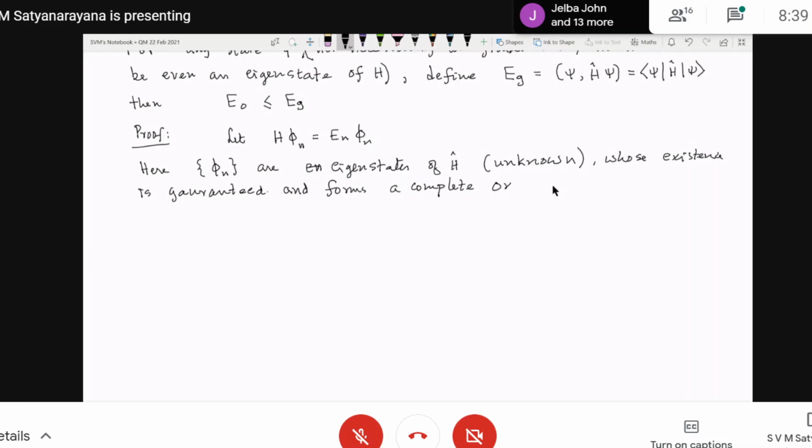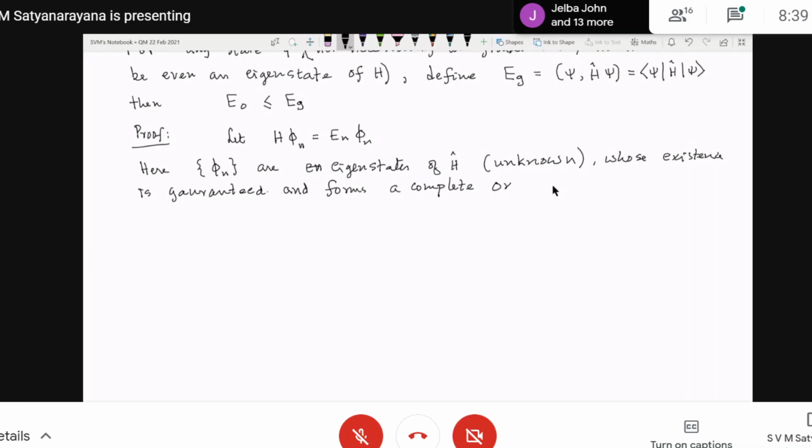So whatever psi we have taken, for any state psi, it can be expressed as a linear combination of this complete set of states phi n. So far everything is formal. I don't know these phi n's, but I know that they exist, and if they exist, psi can be written like this.